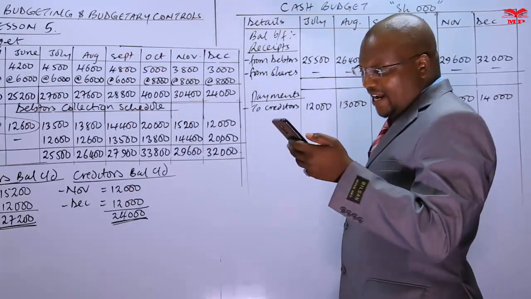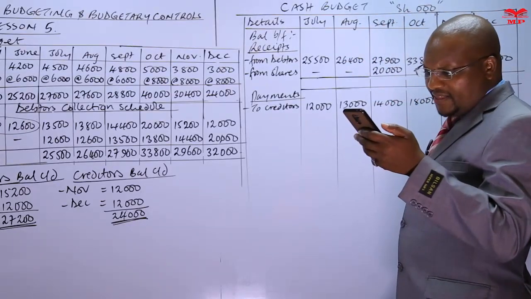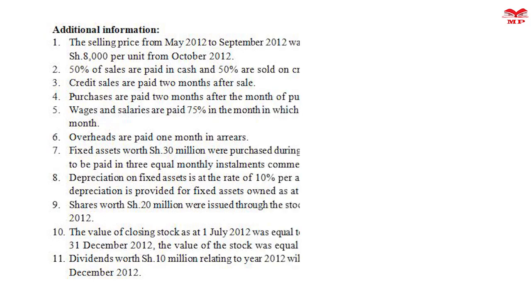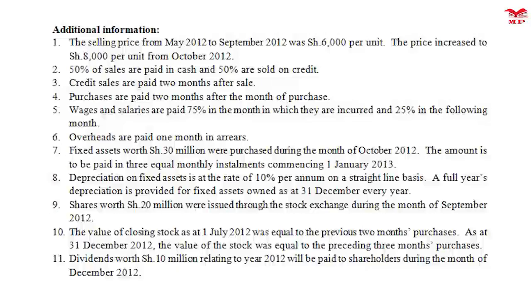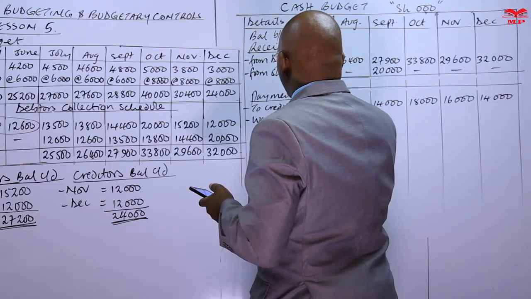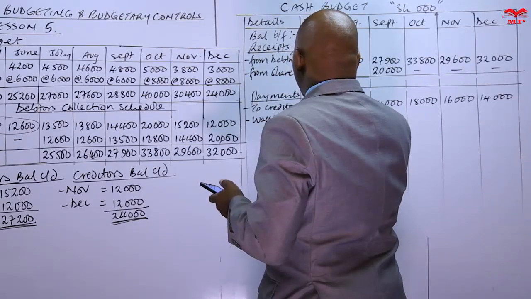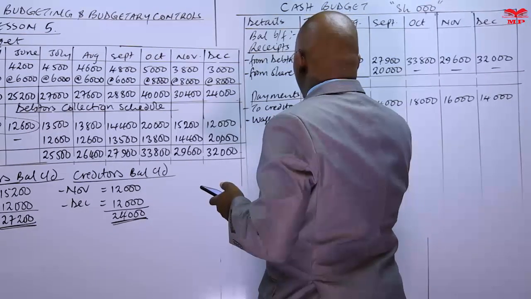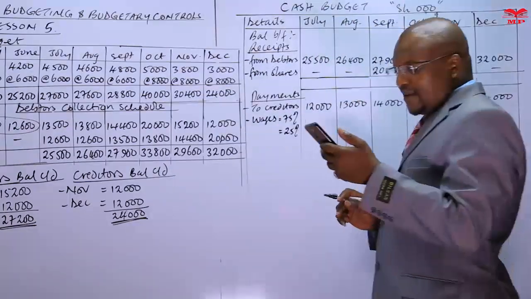Now I've done notes number 1, 2, 3 and 4. Number 5 says that wages and salaries are paid 75% in the month in which they are incurred and 25% the following month. So I'll have 75% and 25%, showing that 75% is paid in the same month.